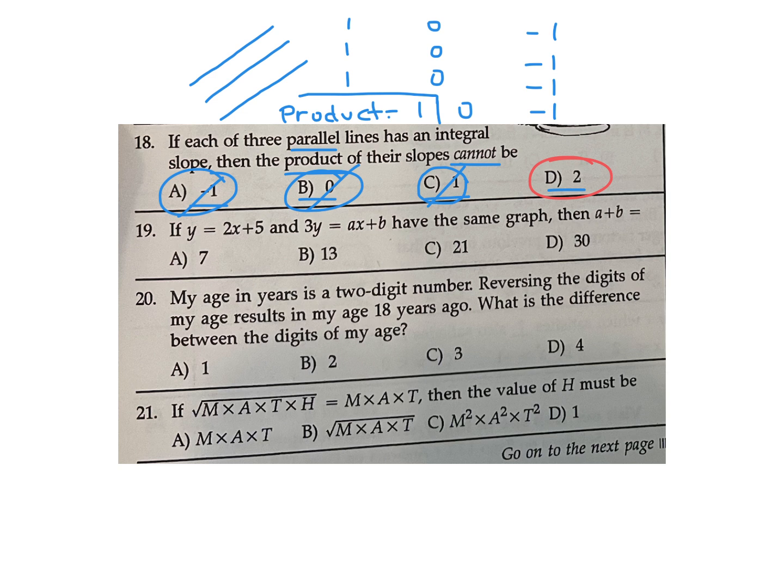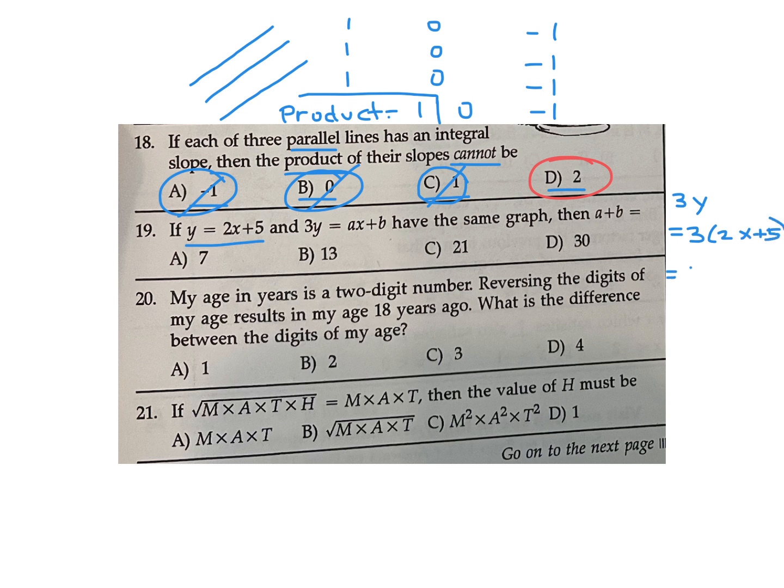If y is equal to 2x plus 5 and 3y is equal to ax plus b have the same graph, then a plus b is. Okay. Well, if this is that, then 3y would be 3 times y, which is 2x plus 5.